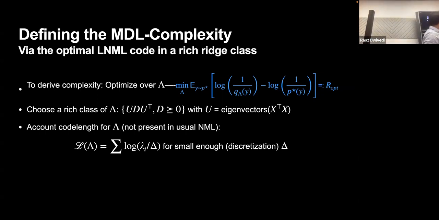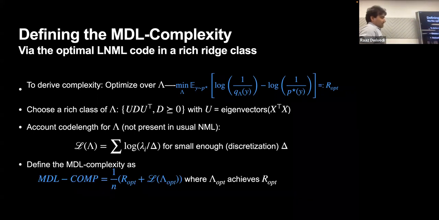And we do a two-stage MDL version of it. So it's like a discretized code length for each coordinate. And then we define the MDL complexity as the best possible redundancy plus the code length that you would need to encode the optimal regularization. So those are the two terms.